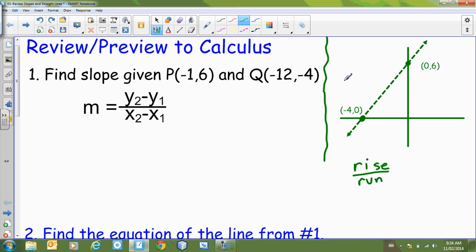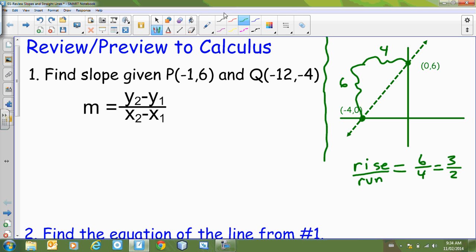You have to rise a distance of 6. And I have to run a distance of 4. And so my slope is 6 over 4, which reduces to 3/2. Okay, so that's sort of the definition of slope.